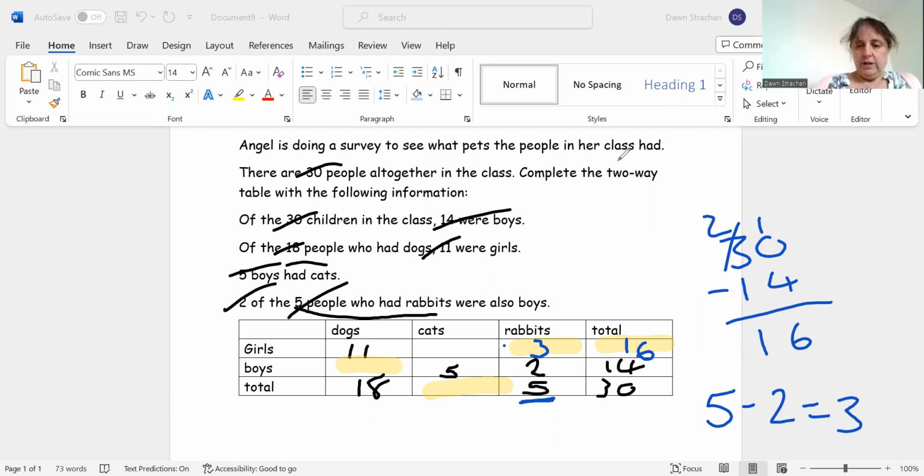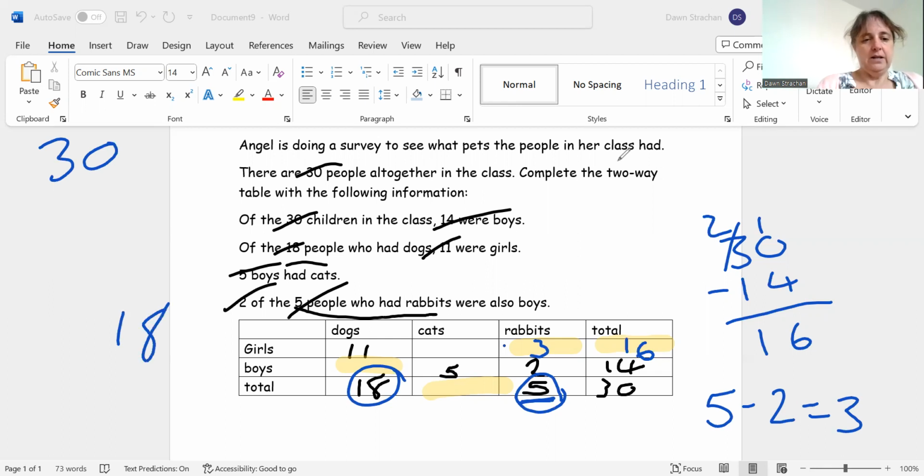Let's work out how many people had cats altogether. Because there's 30 people altogether, we know that 18 of those people had dogs and 5 of those people had rabbits. So 18 plus 5 is 23.